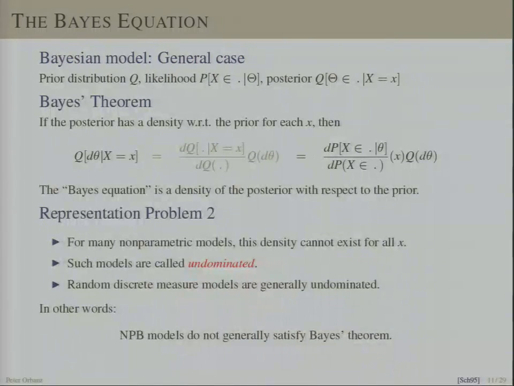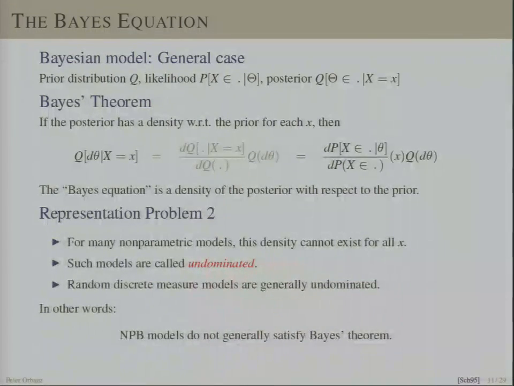That's a quotient. But if you look at that from a slightly more abstract point of view, then the Bayes equation is actually a density in the following sense. Here we have the posterior probability, which is a conditional probability, and then we have the prior, which is an unconditional probability. And Bayes' theorem, in the way it's used in mathematical statistics, is the density of the posterior with respect to the prior.